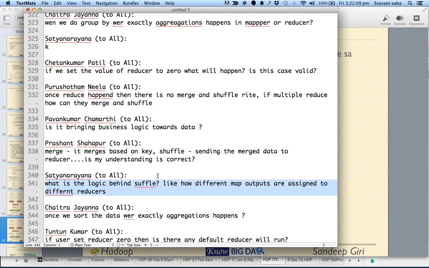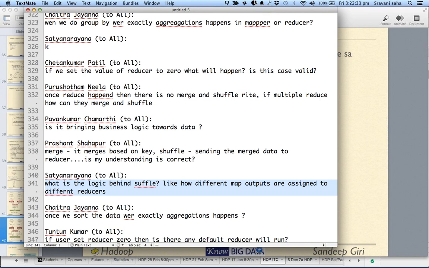What is the logic behind shuffle? Like how different map outputs are assigned to different reducers. Okay. In the shuffle, basically we are merging this together and arbitrarily some of the keys go to one machine, some of the keys go to another, some to some other reducer.